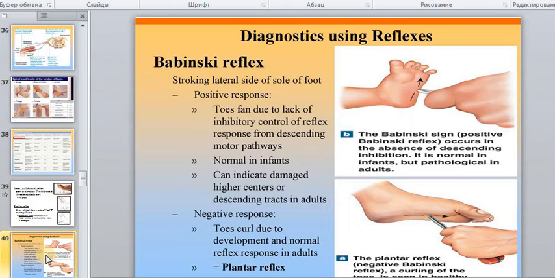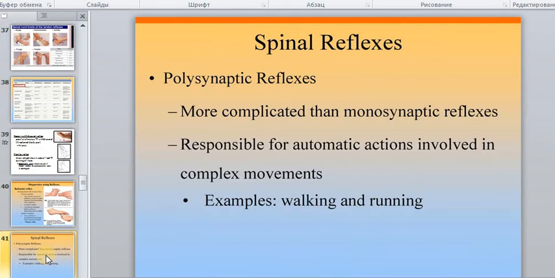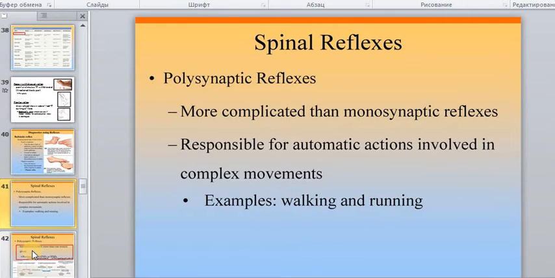These are simple reflexes, and now let's move on to polysynaptic reflexes. That was monosynaptic, very easy to understand, but polysynaptic reflexes are more complicated than monosynaptic, responsible for automatic actions involved in complex movement, like walking or running, for example.